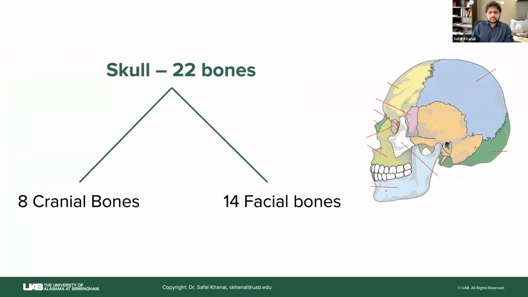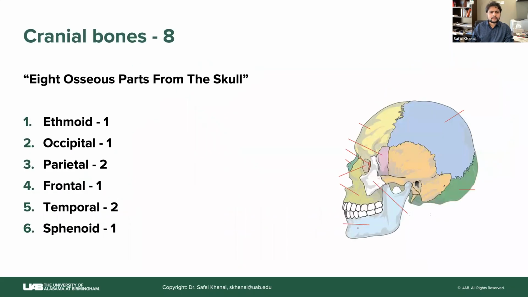As you know, the skull is made up of 22 bones, which includes 8 cranial bones and 14 facial bones. Let's look at these bones in a little bit more detail. You can remember the cranial bones by the mnemonic "8 osseous parts from the skull."